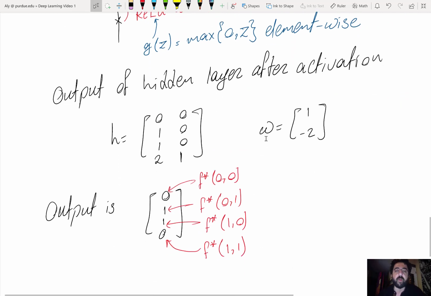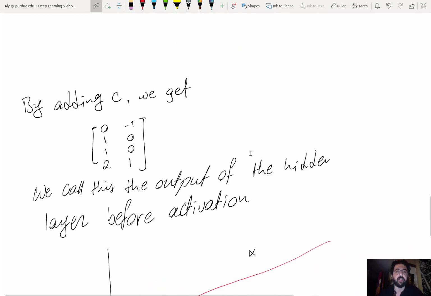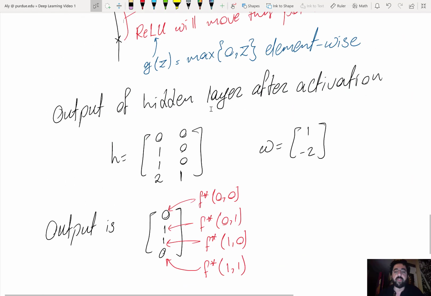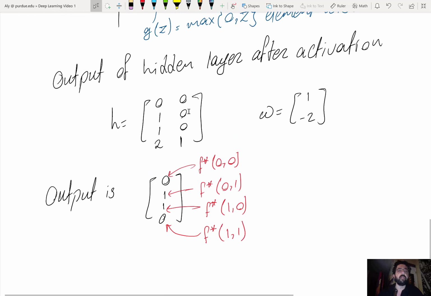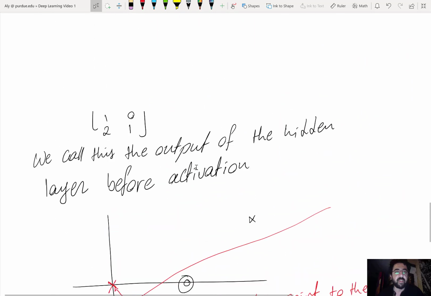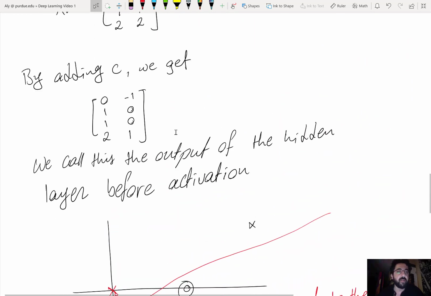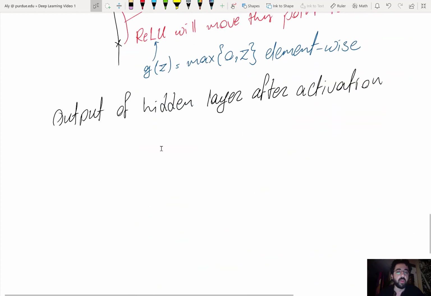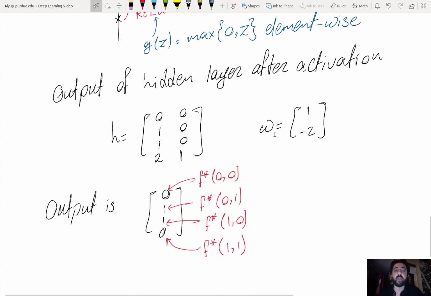If I have W, the weights in the last layer, equal to 1, -2, then I multiply that matrix 0, 0, 1, 0, 1, 0, 2, 1, which is the output of the hidden layer after activation. So after adding C and applying ReLU activation to this vector, the -1 becomes 0. Now when I multiply it by W, I get 0, 1, 1, 0.